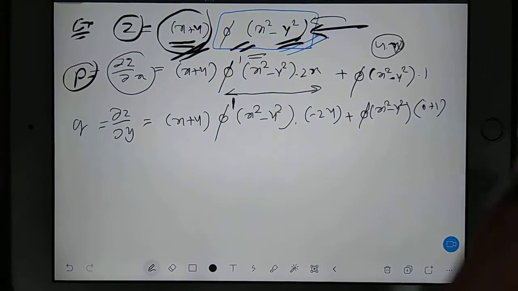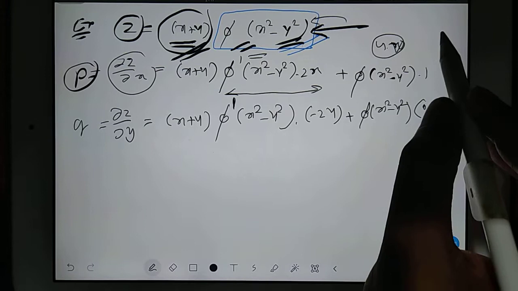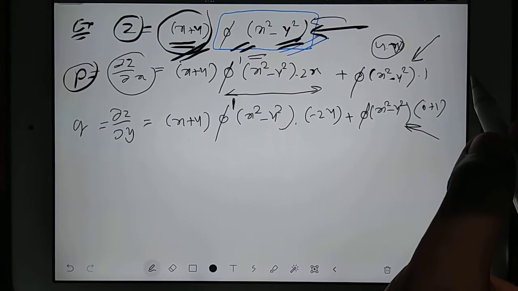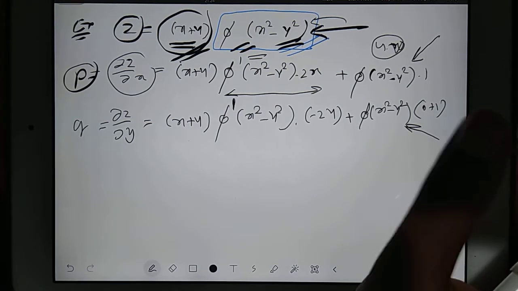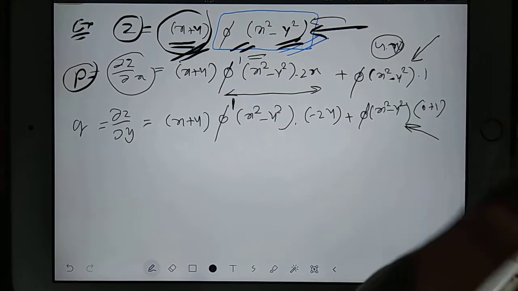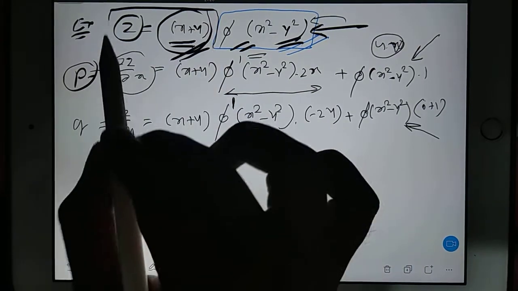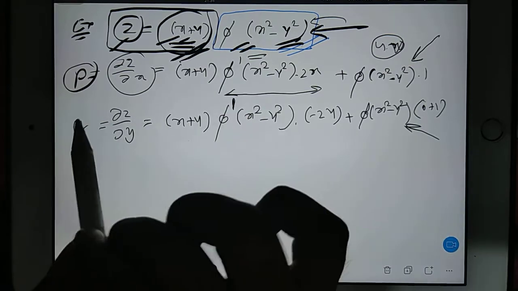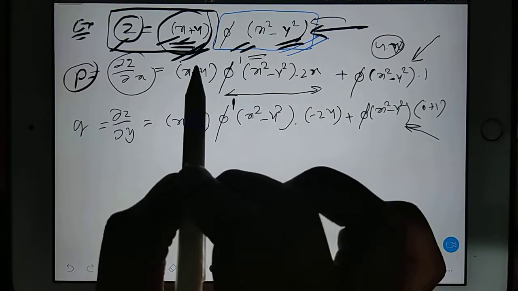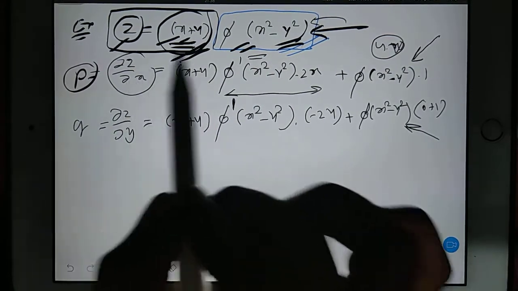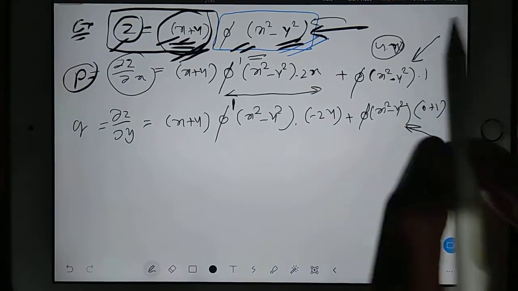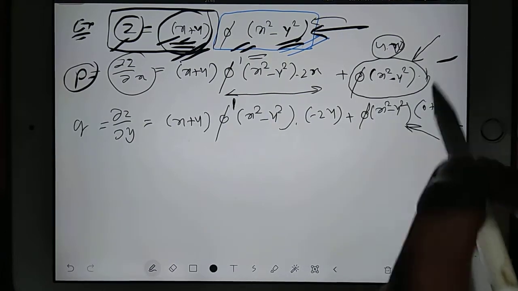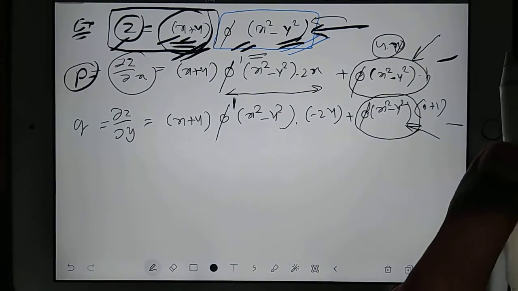So we got the p value, we got the q value. Now you can clearly see in this also we have phi, in this also we have phi. So few things are very easy for us now. In this equation, z is no problem, x and y is no problem, only phi is the problem for us, the phi alone. So we can replace the phi x square minus y square value with any one equation, because in this equation also I am getting the phi value, in this equation also I am getting the phi value.